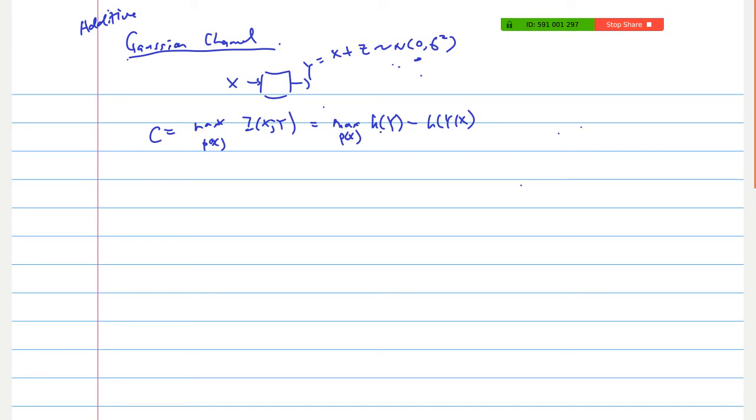Let's leave the first term alone for the moment, as in the previous example, and look at the second term. I can write the second term as h(x plus c given x).